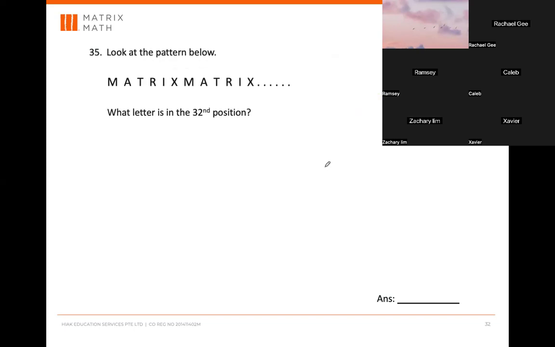So this is a number pattern question. Look at the patterns below. You have matrix, matrix. What letter is in the 32nd position? First thing first, in one group, you have a total of 6 letters. You want to find the 32nd position. How many groups are there? So we use 32 divided by 6.